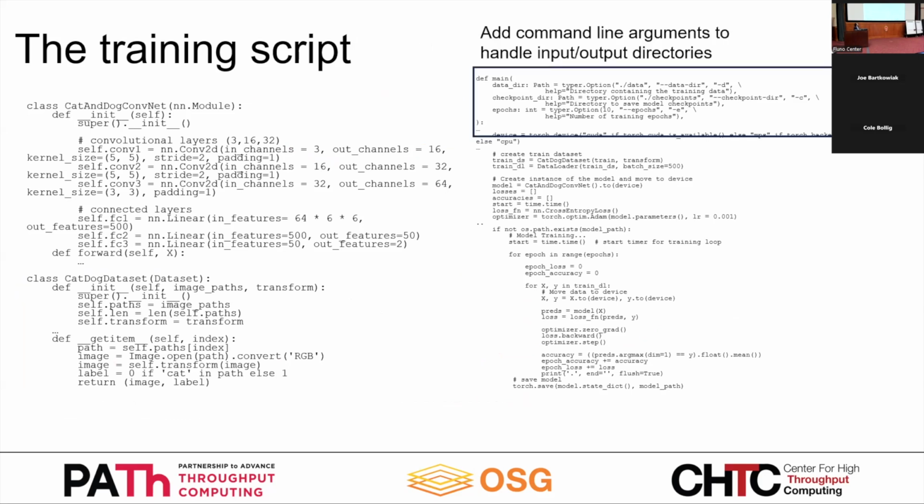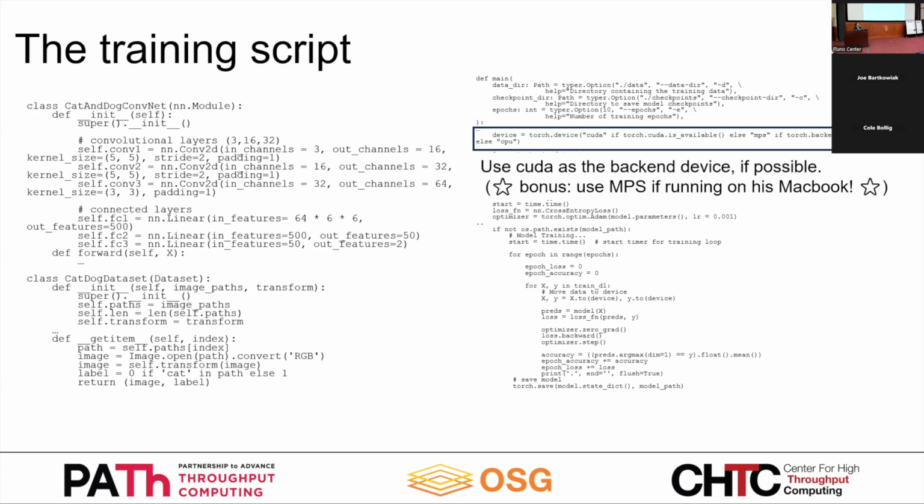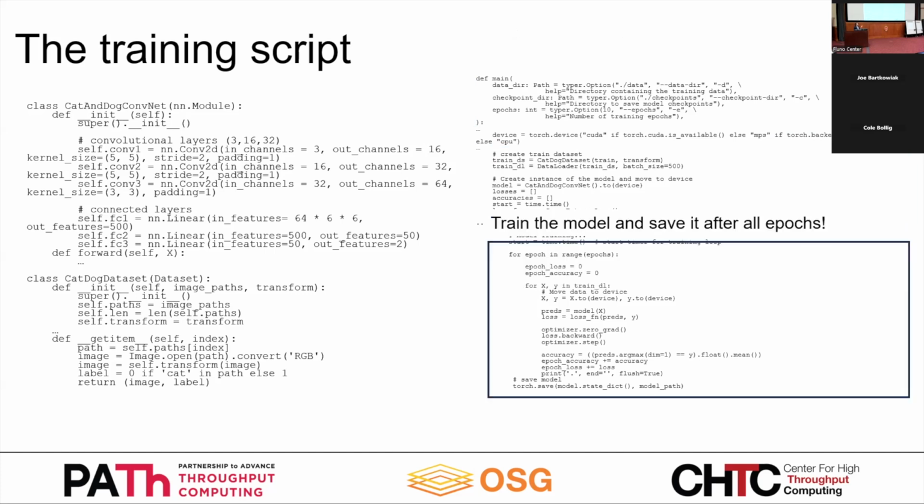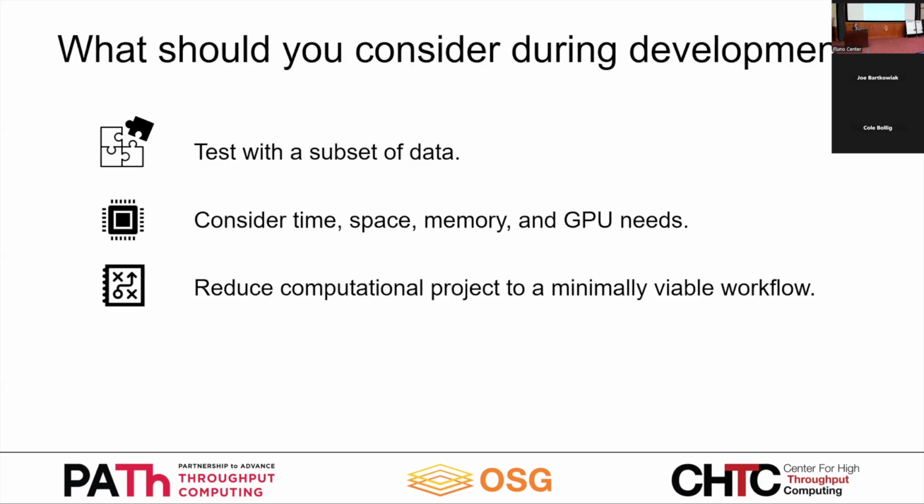Interestingly and very helpfully, he's added some command line arguments into his Python script to handle some of the data that is inputted and outputted. He has a little line that uses CUDA as the backend, defines some other things, and then trains and saves the model. So I look at this script as a non-expert and I'm like, okay, this looks good to me. Let's try to get it running. So we have all these steps here.